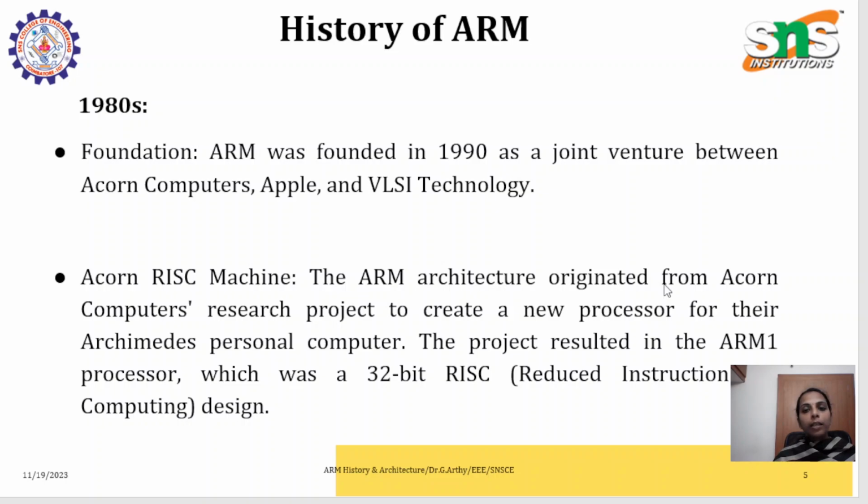ARM was founded in 1990 as a joint venture between Acorn Computers, Apple and VLSI Technology. Later, Acorn took over this, and initially the full form of ARM was Acorn RISC Machines. The ARM architecture originated from Acorn Computers, and later it was known as Advanced RISC Machines.